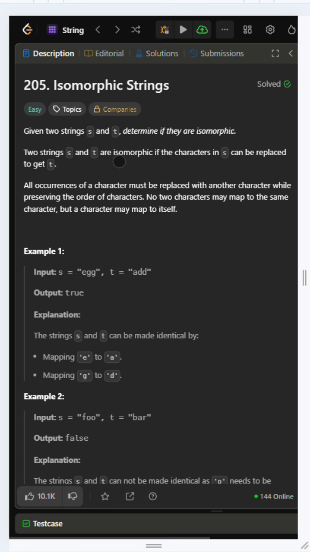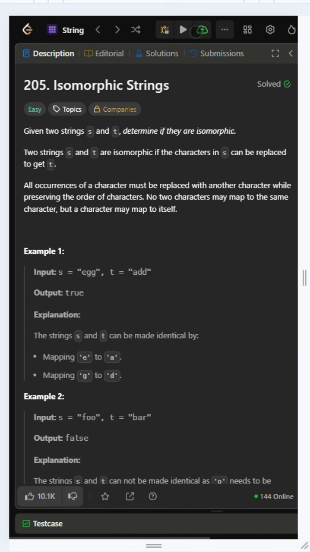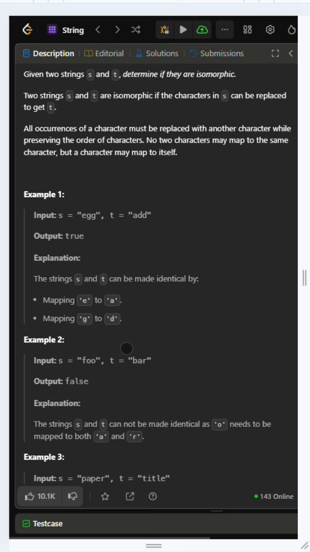We have talked about mapping, so a map is certainly going to come. Obviously there is one map which is going to map letters from one string to another, but we also have to make sure that in the other string, if something is mapped, like here A is mapped to O, then at any time R cannot be mapped to O because the mapping is already done.